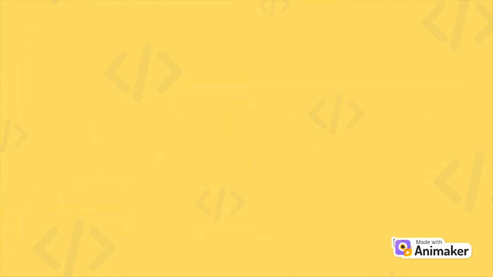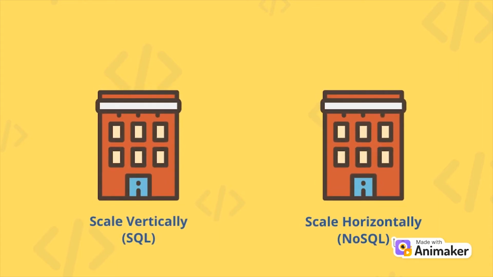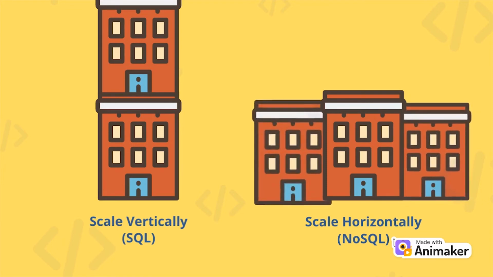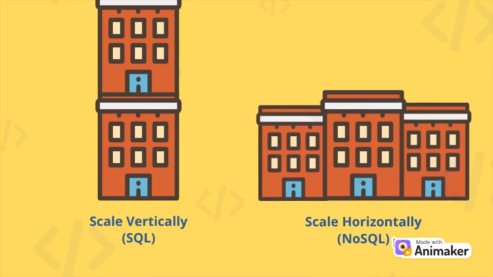As an example, imagine there's a building. Scaling vertically means adding more floors to an existing building, while NoSQL uses scaling horizontally, which means adding more buildings. You intuitively understand that vertical scaling is only possible to a certain extent, while horizontal scaling is much more powerful.